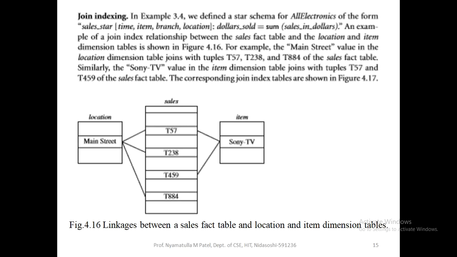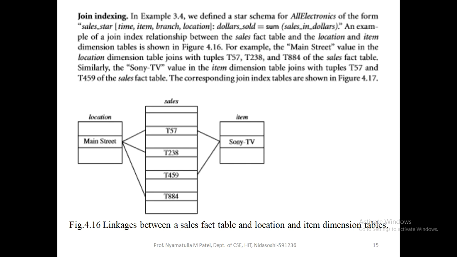Consider an example, 4.16. Here again we have defined a star schema for AllElectronics sales, the sales star. So, here we are using a star schema. Figure 4.16 shows the linkages between a sales fact table and the location and item dimension tables. So, in the sales star, what are the dimensions taken?